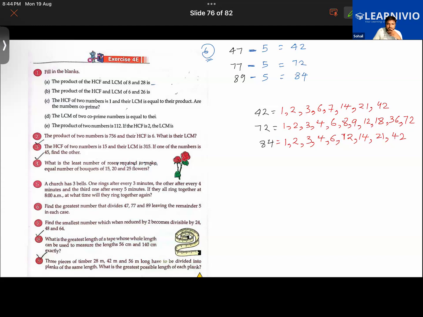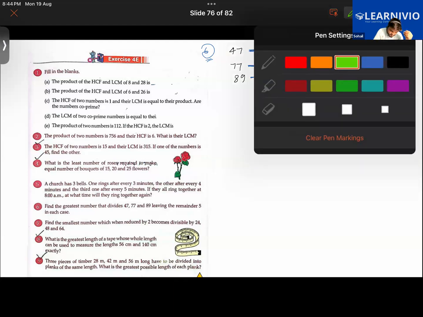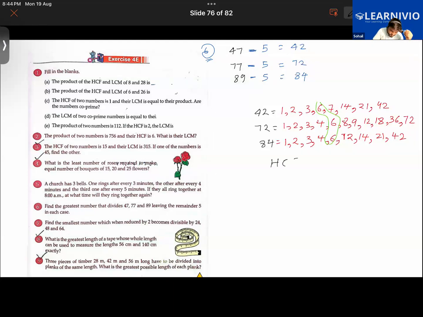That is 6. Right, very good. That is 6 over here, so that is the HCF. The HCF is 6.